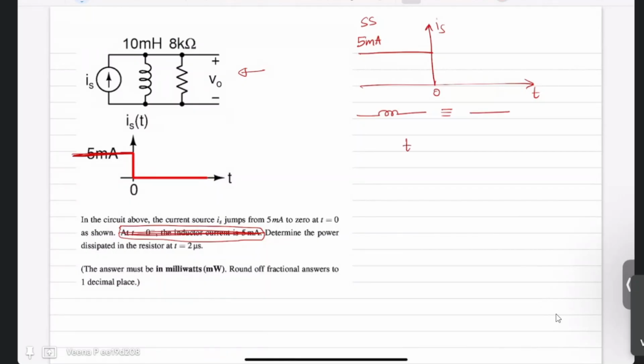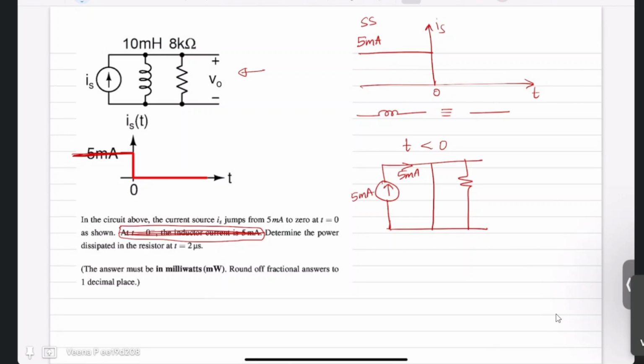So I'm drawing the equivalent circuit when t is less than 0. You have your 5 milliampere source, and your inductor, which has already obtained steady state, is a short circuit, and you have your resistor here. Now this 5 milliampere will see two paths, one short circuit path and one resistive path.